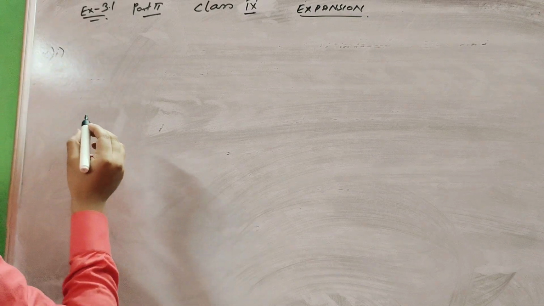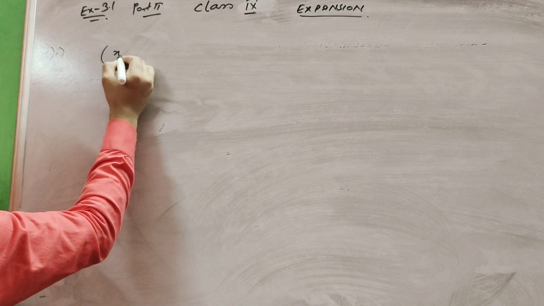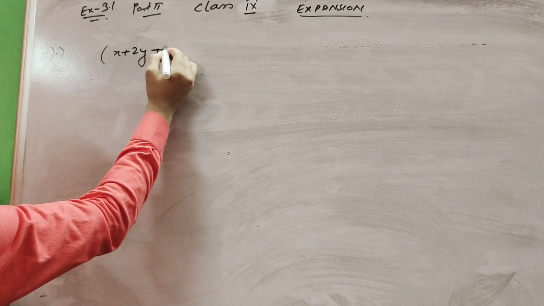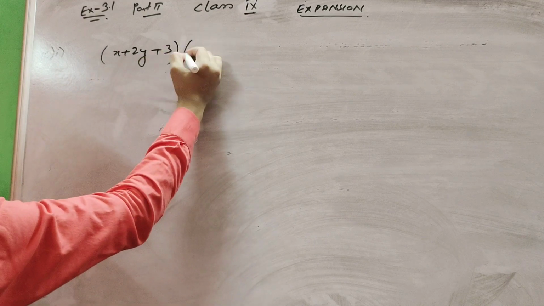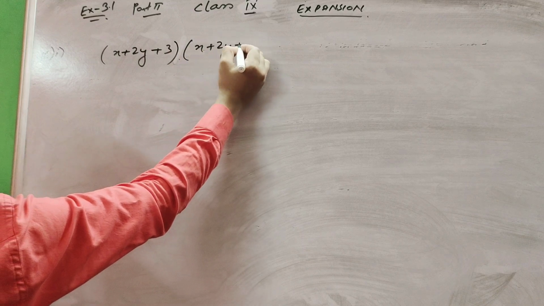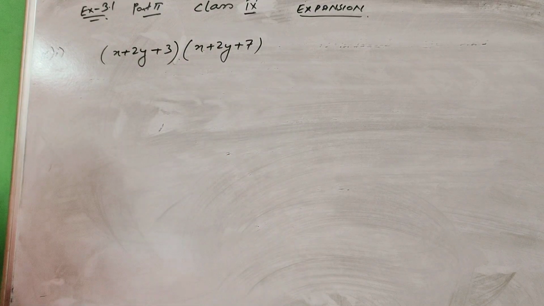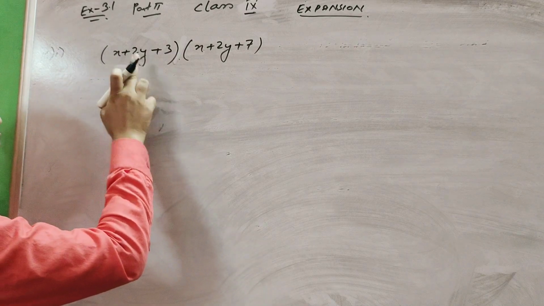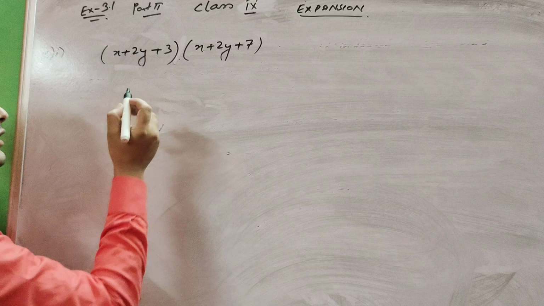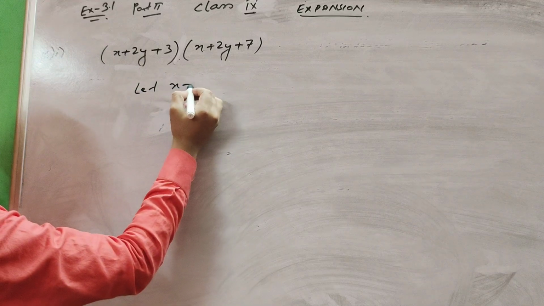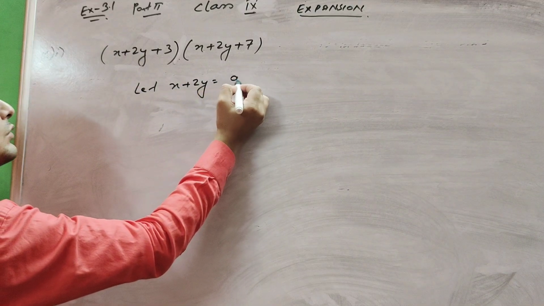In question number 16 subpart 1, the question is x plus 2y plus 3, x plus 2y plus 7. First we see the x plus 2y, x plus 2y. Let x plus 2y equal a.